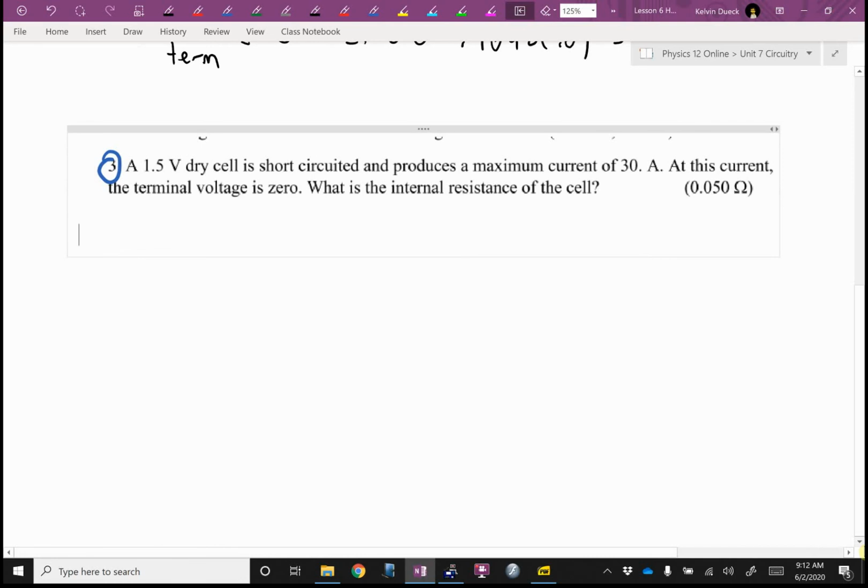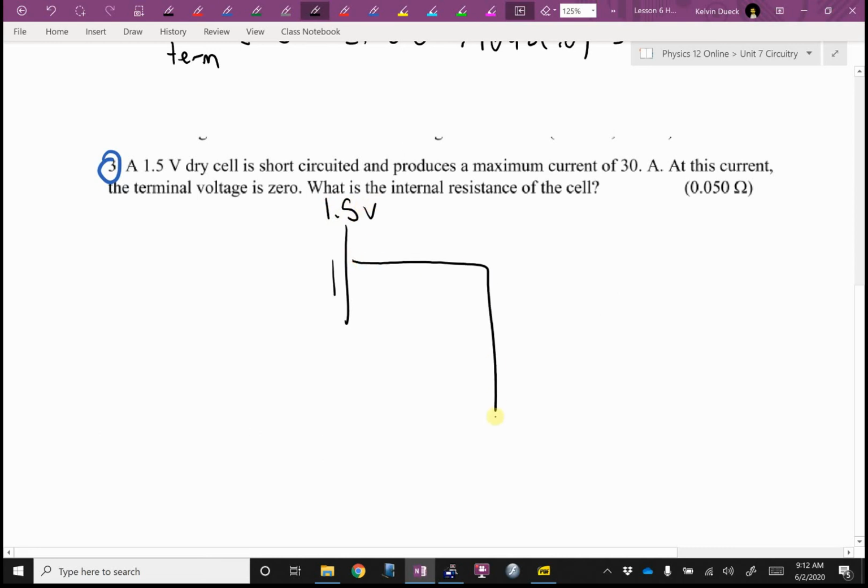So let's see. We have a 1.5 volt cell. There's no other resistor, and we'd like to find little r right there. But we know that there is 30 amps going through it. Well, if the terminal voltage is 0, that means that we're losing 1.5 volts going through little r.